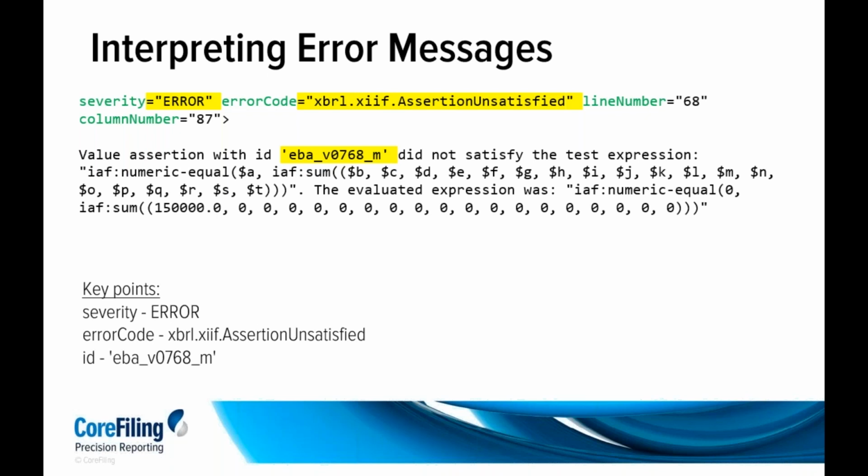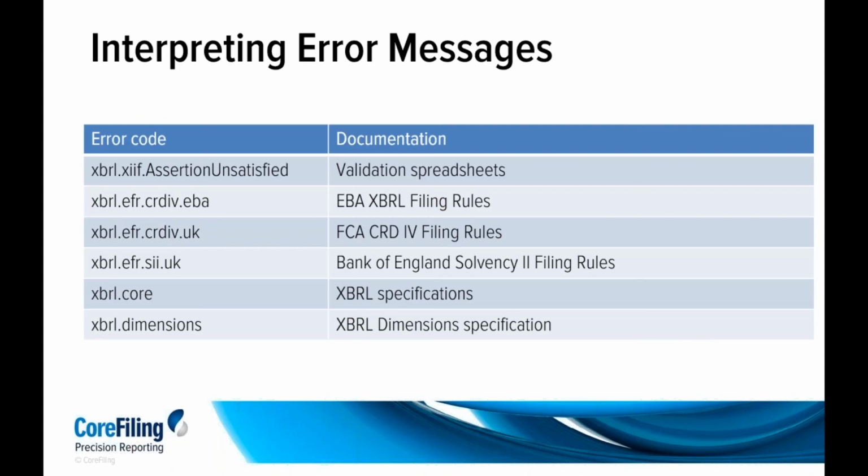One thing I would say is that a lot of the regulator portals will give you some assistance in interpreting these error messages. For example, they may pull out just the key points, so you might only see the severity, the error code, the ID, and the message. And hopefully that now means you have enough information to go back to the validation sheets and identify the formula that was actually used.